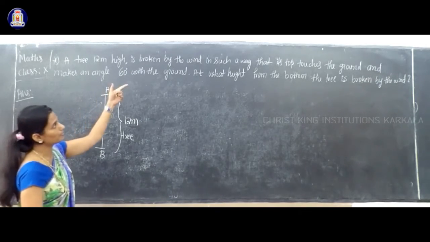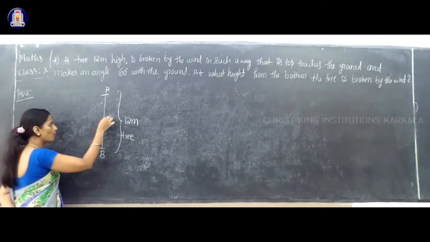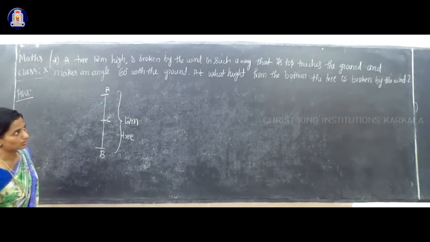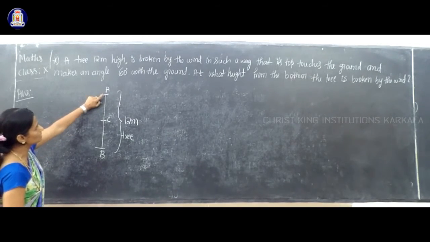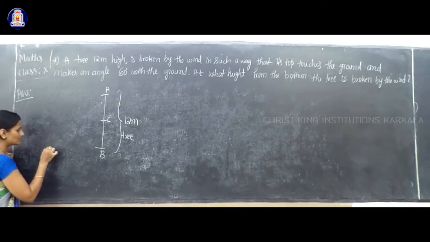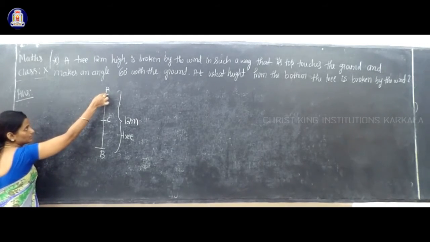It is broken by wind. So suppose at this point, the point C, the tree is broken such that the top touches the ground and makes an angle of 60 degree with the ground. So at this point the top touches the ground.